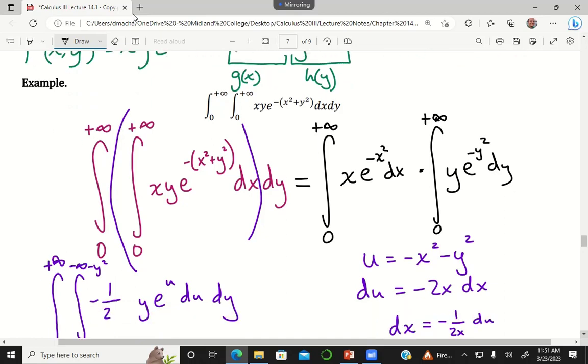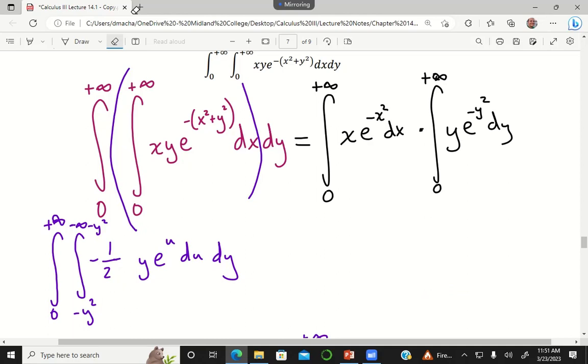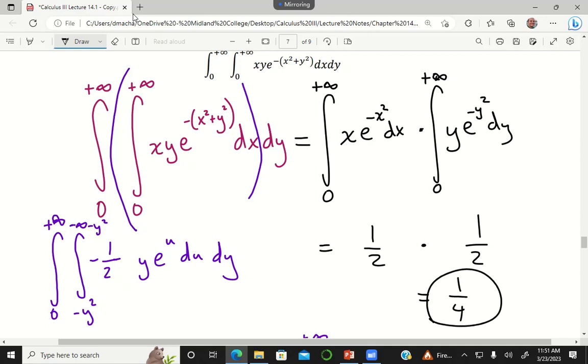And this would have saved us a lot of time, especially because in this case, those two improper integrals have the same value, right? The only difference between them is the symbol we used. In this first integral, the symbol is x, and in the second integral, the symbol we use is y. But which symbol you use, that doesn't affect the value of a definite integral. And so the first integral has value 1/2. The second integral, you would find has value 1/2. And then when you multiply them together, then the value of the double integral would be 1/4.